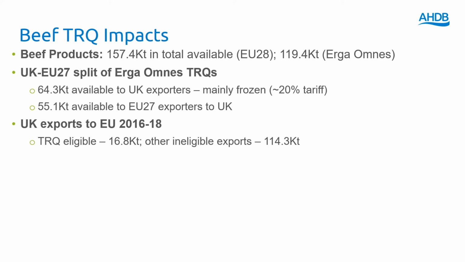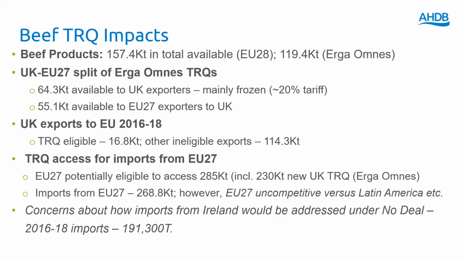And in terms of the TRQ access for imports coming into the EU27, particularly under a no-deal context, we need to take account of the new 230,000 tonne beef TRQ that the UK would propose to implement in a no-deal context. That would also be available to everyone on an erga omnes basis.